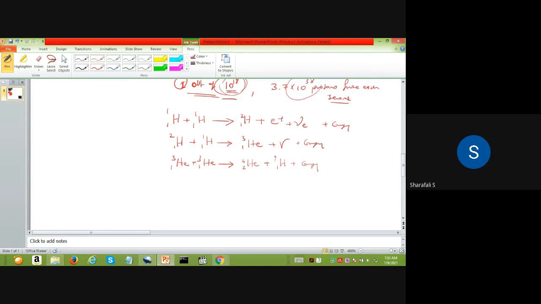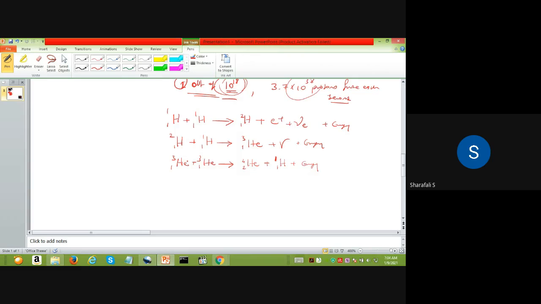Remember that this reaction has to be conserved. So you can count the number of protons and all those things, so that you put some number before and after. That you check.